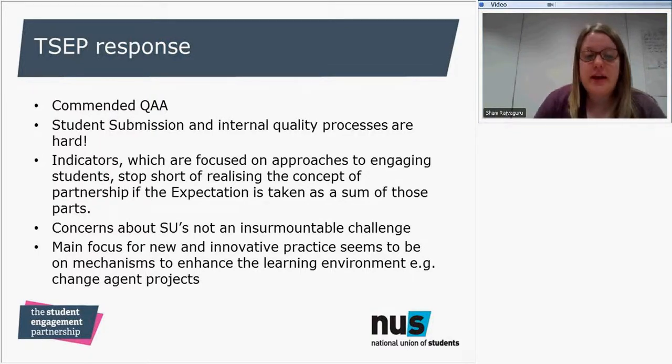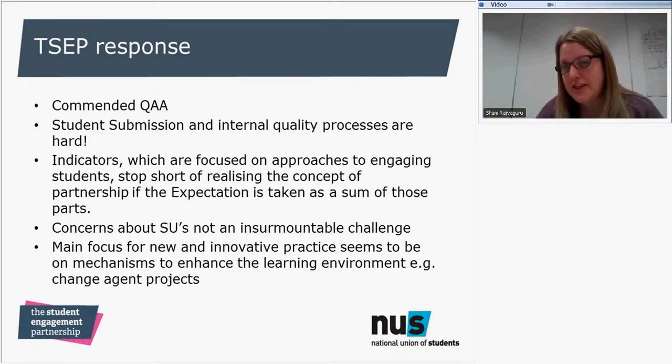We also recognise that a lot of the focus for new and innovative practices seems to be on mechanisms for students to enhance the learning environment. So often things like change agent programs, or student fellowships, where staff and students are working together to conduct research or design interventions that are focused on issues in schools, individual courses, or cross-institution challenges.